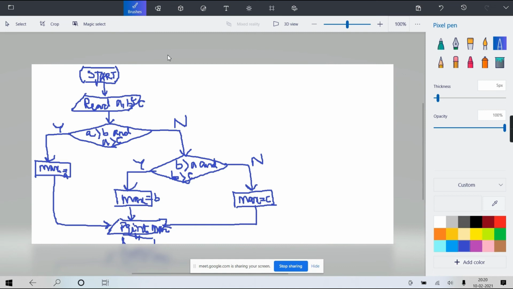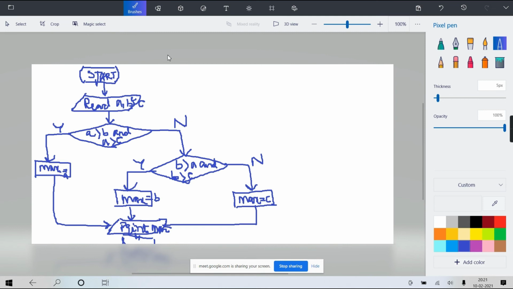It's right, but only the labels you got mistaken. Both where you have written yes, it should be no. And where you have written print B, there it should be print C, and where you've written print C, there it should be print B. The common one is print C.